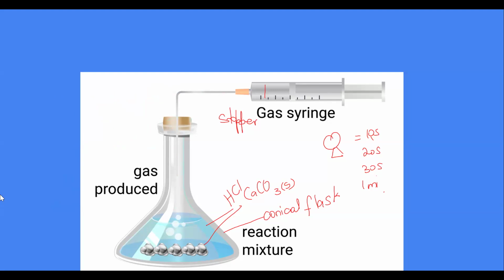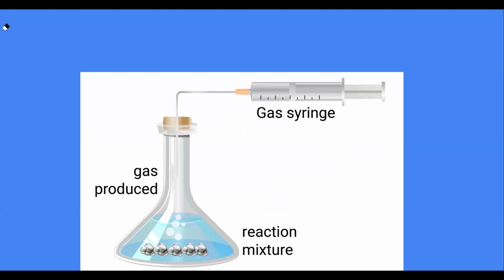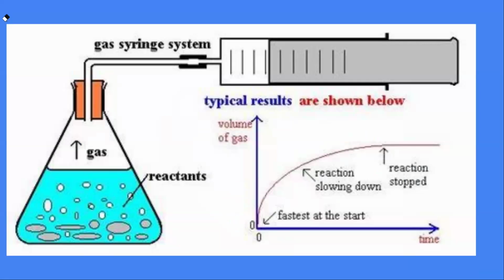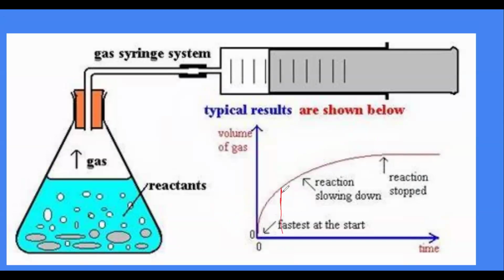So we're going to look at how this graph, the volume of carbon dioxide plotted against time, will look. Here, we realize that our graph is steepest at the beginning of the experiment. The graph is steepest because the rate of reaction is fastest. So we go back to our explanation for 1.